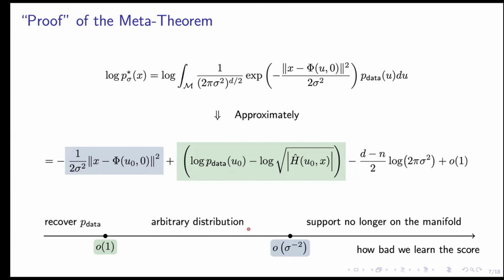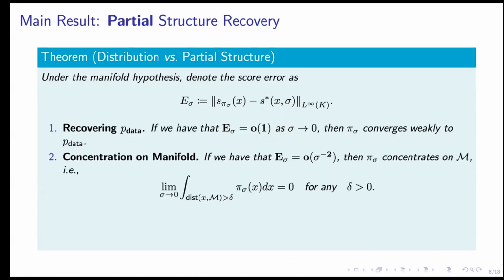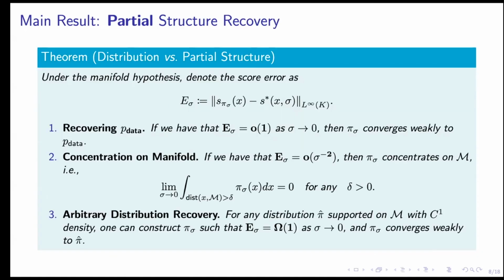And this regime allows it to even diverge. In that regime, we can already recover the support on the manifold, so we can have very realistic images, the images people want. However, we cannot have any guarantees for the distribution actually recovered on that support.